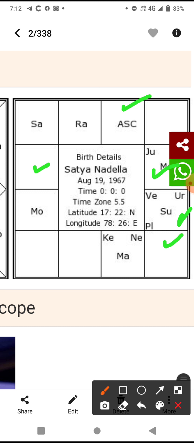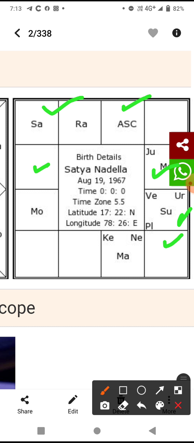Here also in Aquarius no planets are present, but the 10th house Lord is sitting in the 11th house. I already told you the 11th house is the house of fulfillment, house of desire, and also house of gains. So the 10th Lord is there in the 11th house. It indicates that he has the greatest fortune in the job.